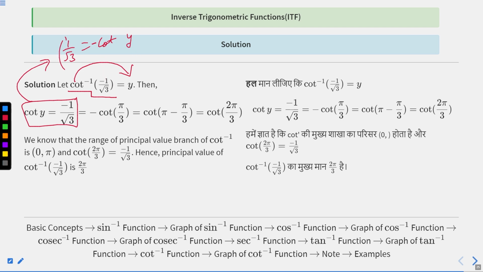From this, cot pi by 3 is equal to minus cot y.